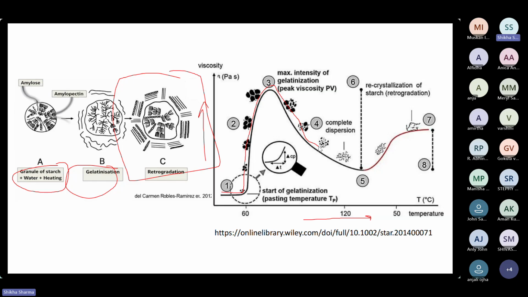After achieving the maximum viscosity, if we further increase the temperature, complete disruption or dispersion will be observed. After that, at this point, there is starch retrogradation or recrystallization at higher temperatures. So this we can see here.